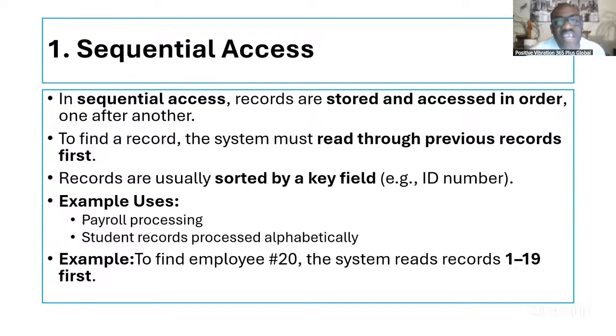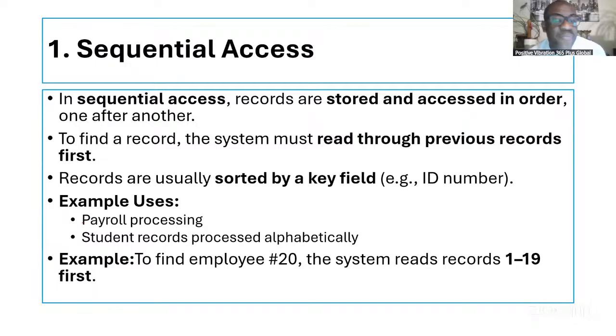So to find a record, the system must read through. So we are talking about it from a technological perspective now, not from a manual perspective. The system would read through the previous records first. So if I'm trying to find employee number 20, that's why it's not always alphabetical order, it could be numerical.